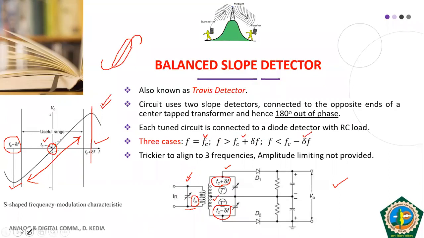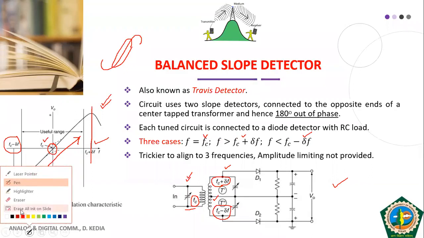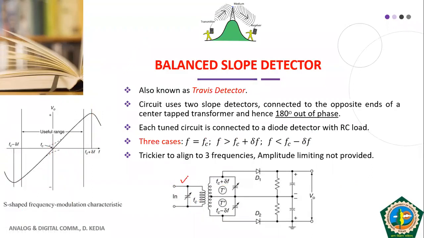Now, your incoming signal obviously will come from the primary of the transformer. If your incoming signal is equal to the carrier frequency, say the carrier is coming without any modulation, then what will happen? The upper tuned circuit is tuned to FC plus delta F, this is the resonant frequency and this is the incoming frequency.